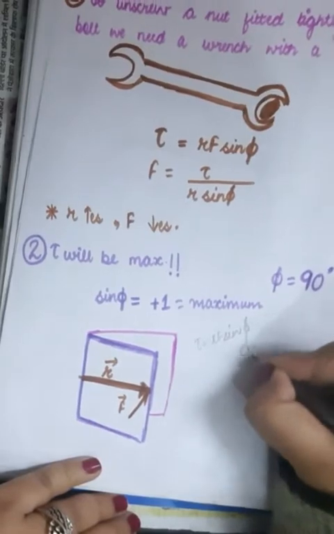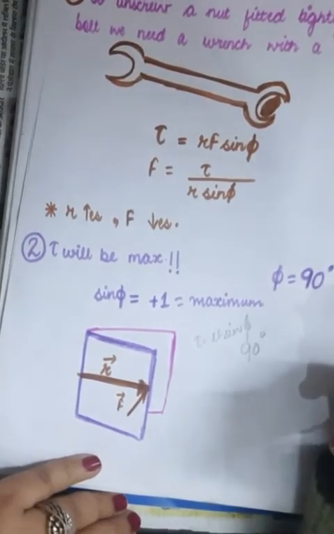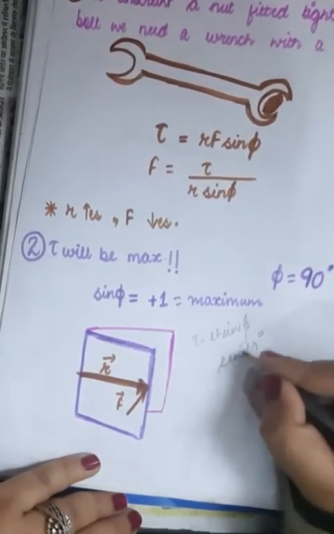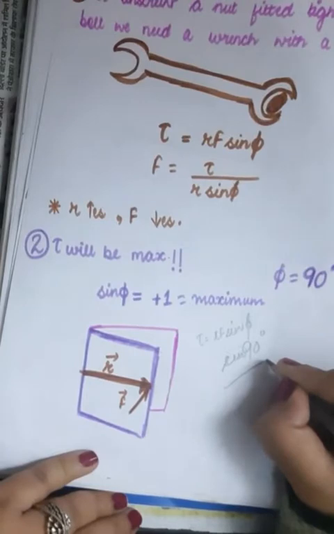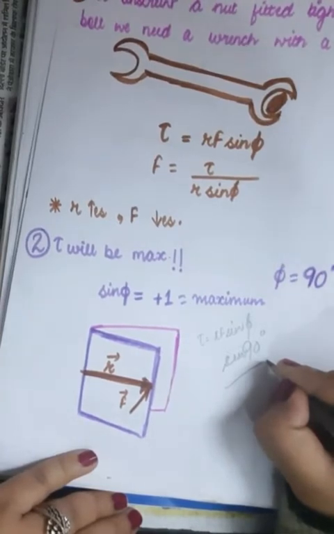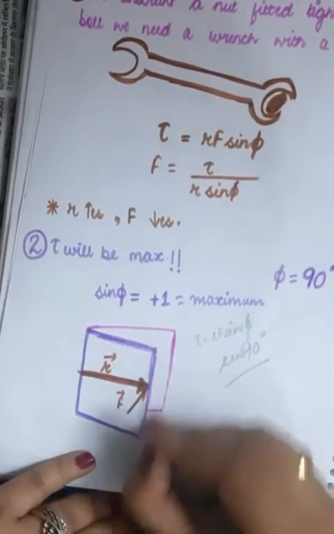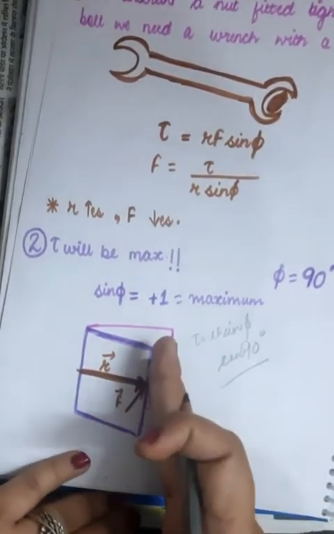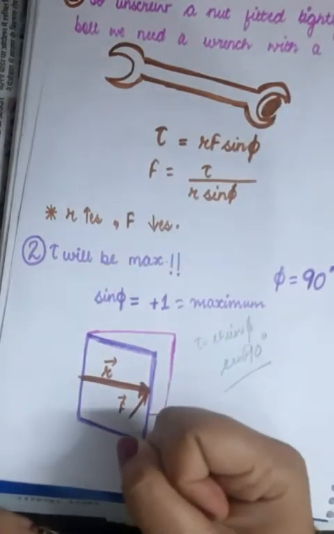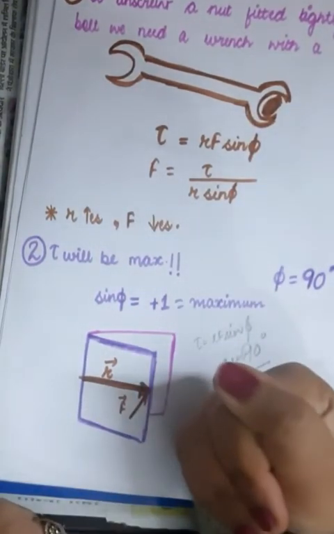When phi is 90 degree, which is the maximum value of sine. Sine 90 degree is equal to 1, which is the maximum value. So torque will be maximum in that case, right? So you need to see that if you are applying a perpendicular force, like if you are opening or closing a door like this, then it is most easily opened.